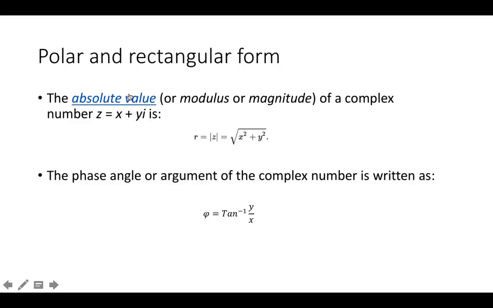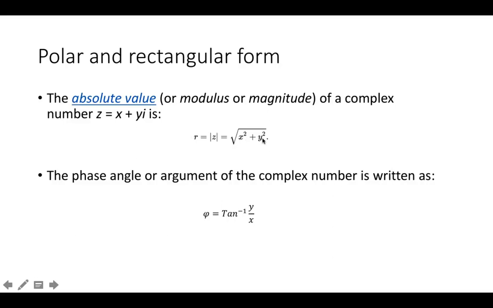Now, the absolute value, also referred to as the modulus or the magnitude, sometimes as the amplitude of a complex number, is basically just found using the Pythagorean theorem. So the magnitude of z, which is written with an absolute value sign, is equal to r, which is the length of the vector in a complex plane.